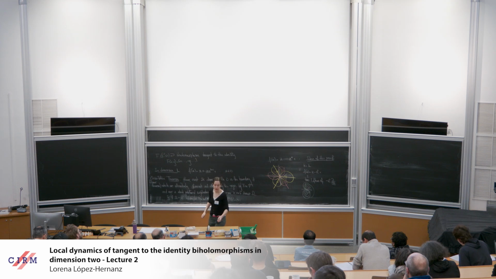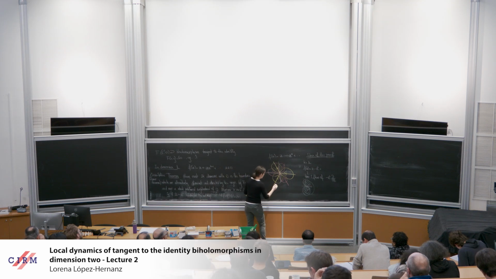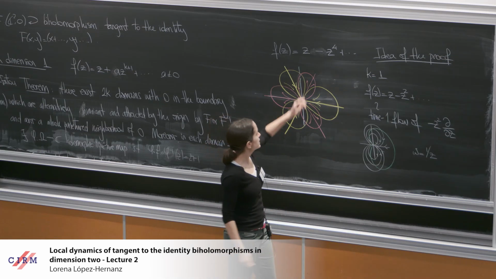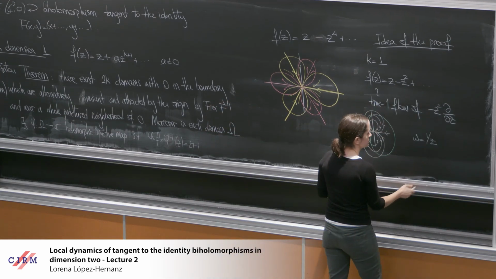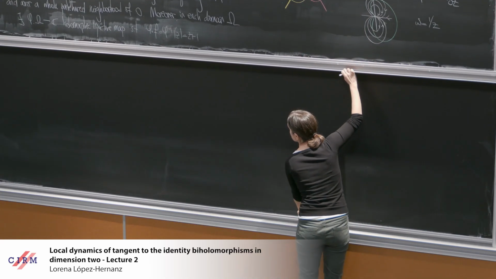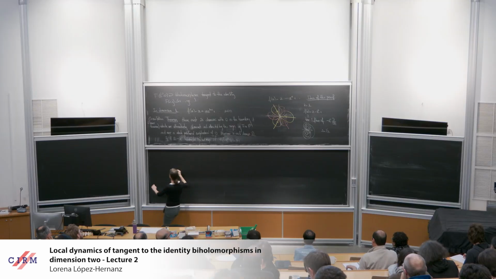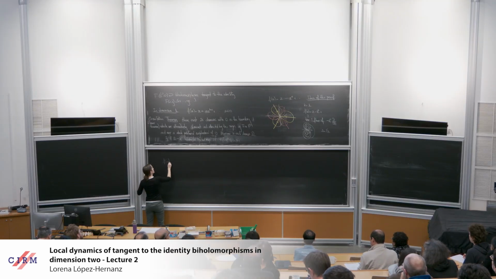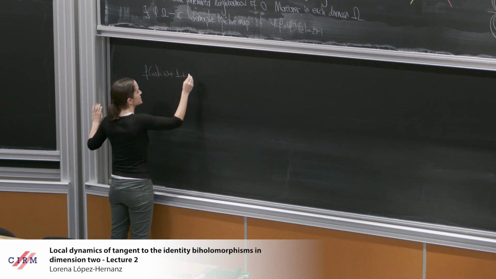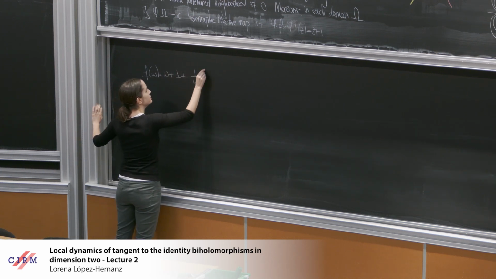Okay. So the idea of the proof is just to translate my dynamics to infinity with a new coordinate w, w equals 1 over z. And in these coordinates, we can write f in the coordinate w as the translation plus something small, plus 1 over w.